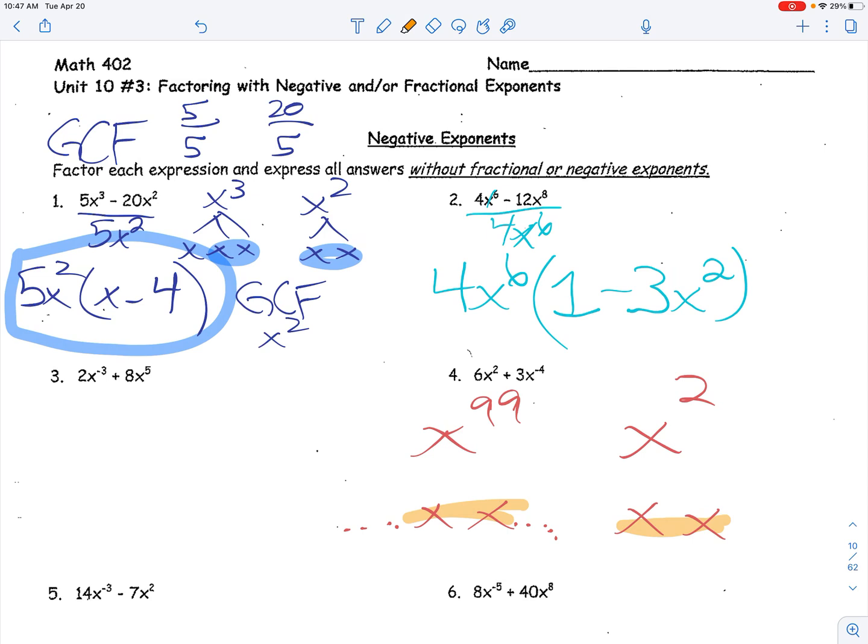The smaller of the exponents was the GCF. x3, x2 was an x2. x2 is smaller. And I want you to think about that as we move forward. When you're doing a GCF with variables, you take the smaller of the two out. That's your GCF. All right, so keep that in mind as we do number 3.